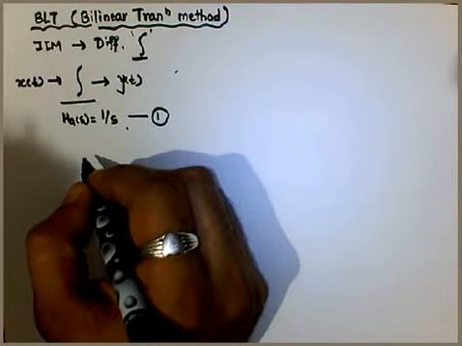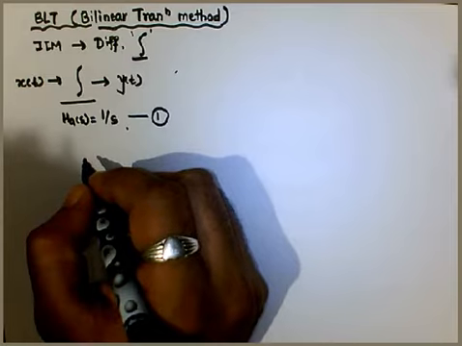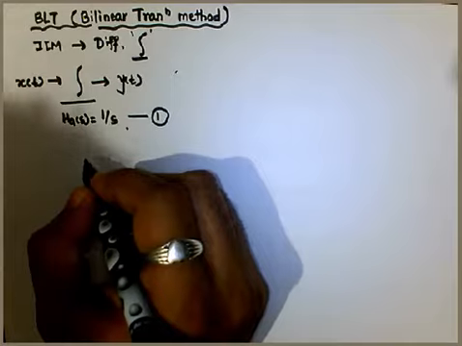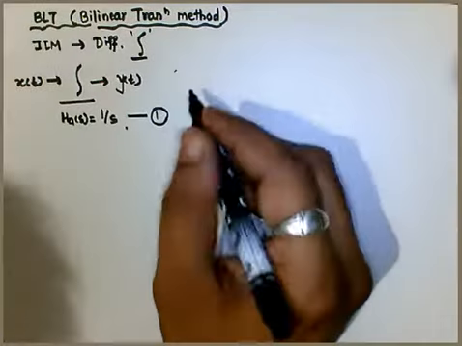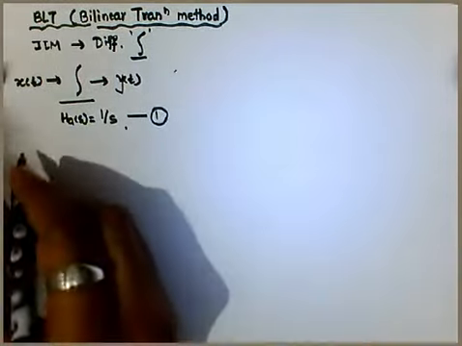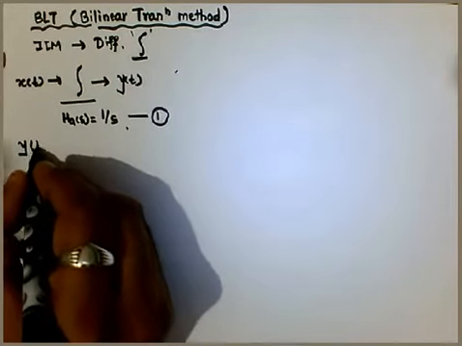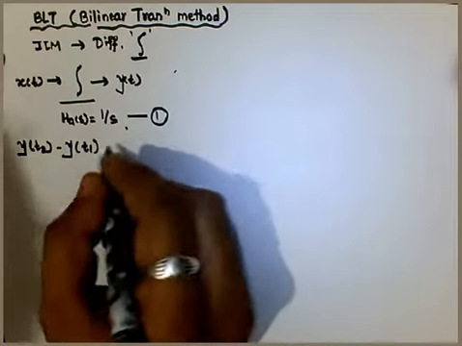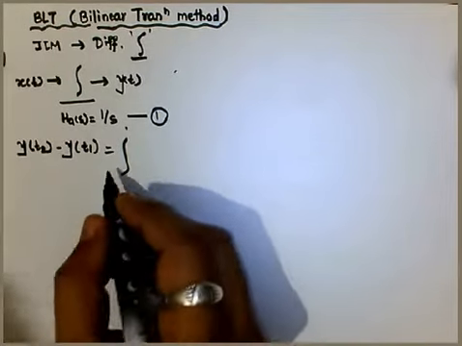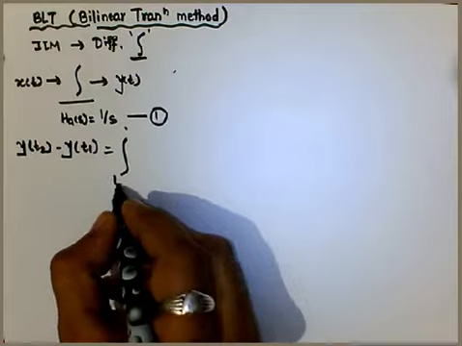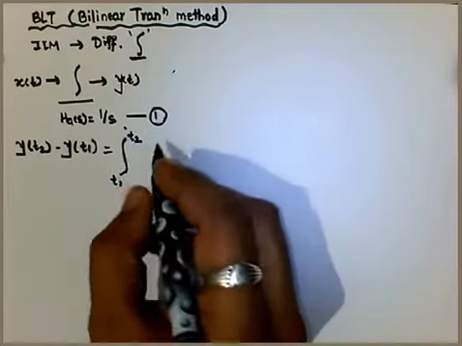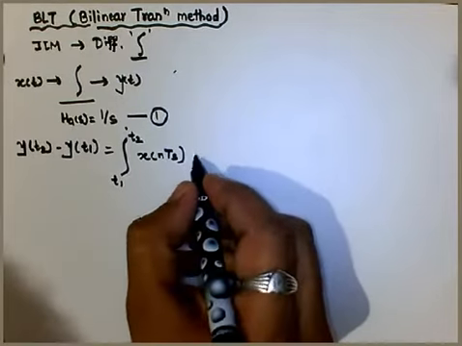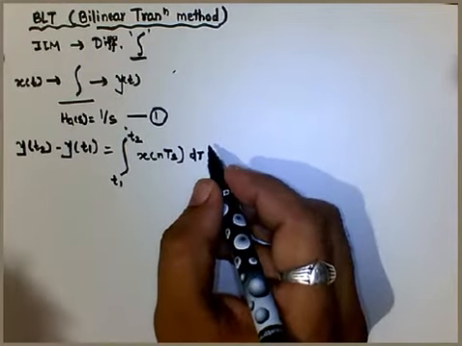Now when we consider, for this circuit, a certain time period, then the difference in the output is given in this manner, that is y of t2 minus y of t1, which is equal to the integration ranging from t1 to t2 instant of x of t with respect to t.